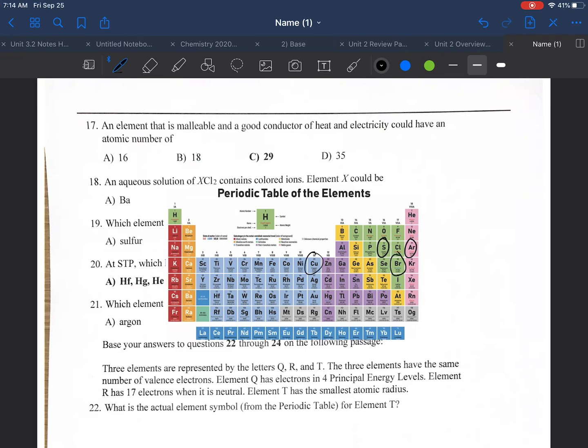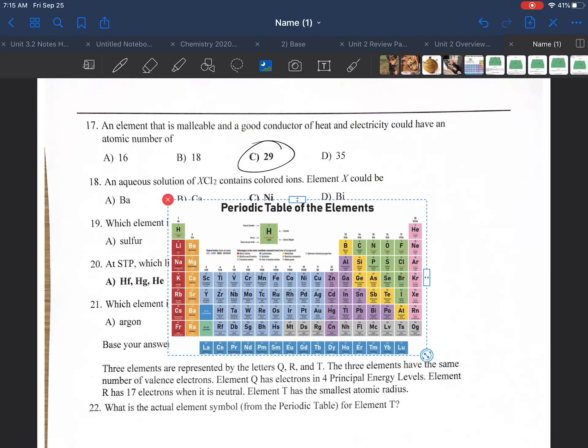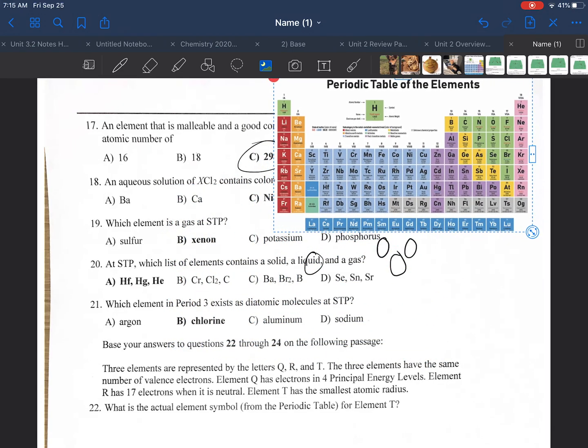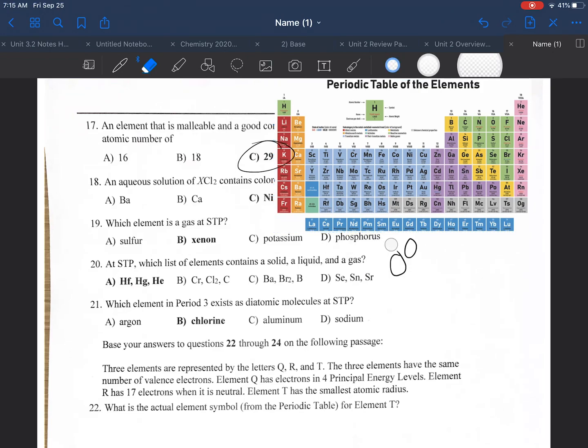So malleable and a good conductor of heat and electricity, we're looking for a metal. So copper or 29 is the only metal. We're not going to worry about 18. Pretty much all 18 wanted you to recognize is that transition metals tend to have colored solutions, but we didn't really discuss that.